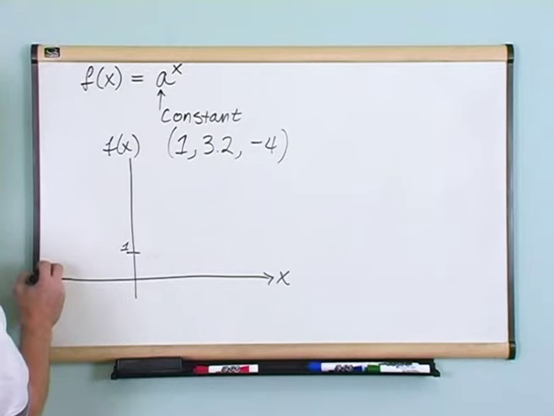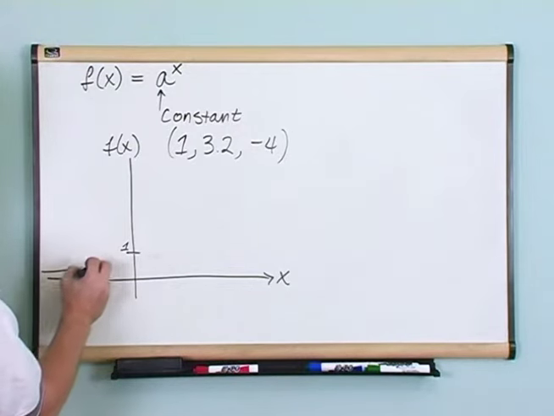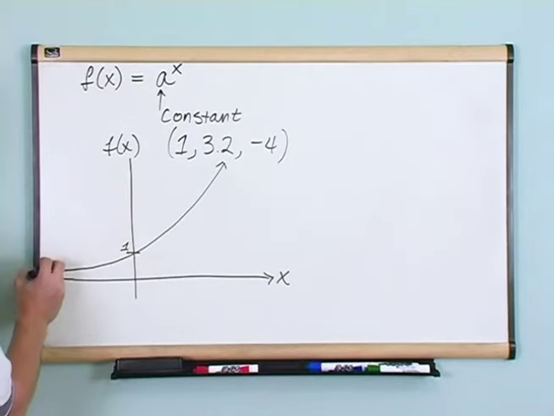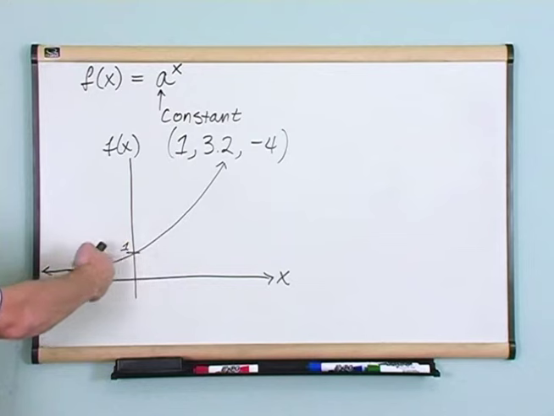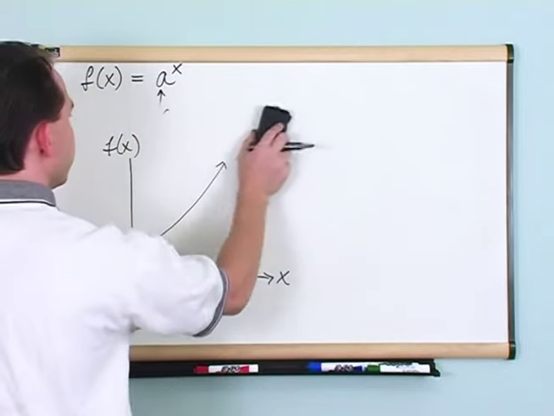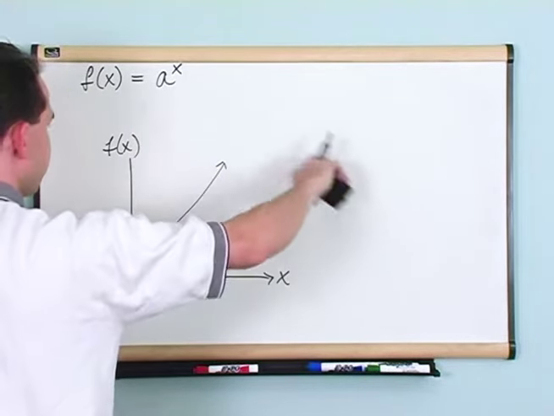It's going to start off here and climb, climb, climb, going on up to infinity. And as it goes this way, it's going to go down close to the x-axis. That is the general form for an exponential function.